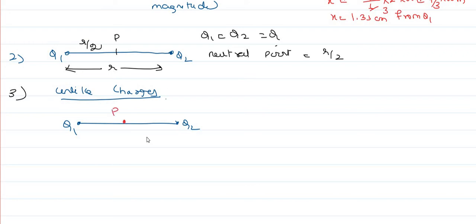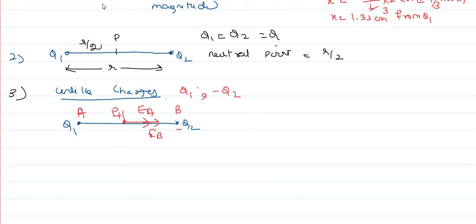So if you consider the point P, what will that be? Place a unit positive charge here, due to A. Here I have considered Q1 is nothing but minus Q2. They are not equal, they are opposite in nature, unlike charges. So what will happen? This positive charge will be repelled, so EA will be on this side, and EB will be attractive because Q2 is negative, right?